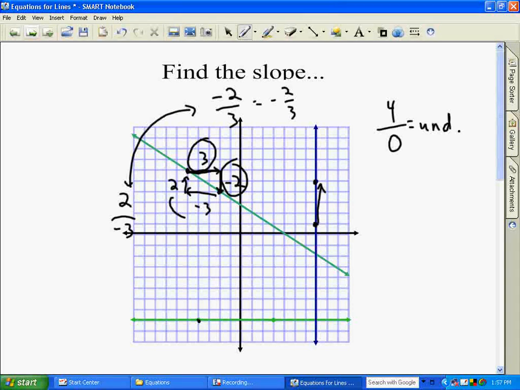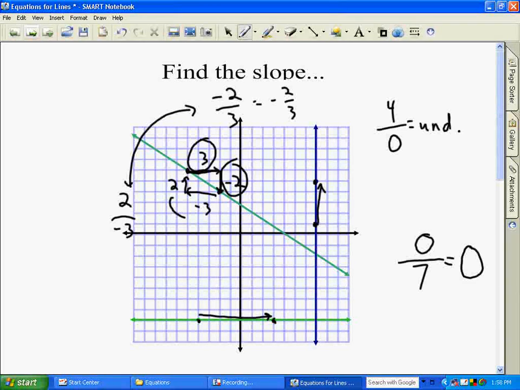Okay, and this bottom one. So here's the 2 points I had on there. You don't really have to use those 2 points, but I will. I'll say we're going from left to right, but you could have gone from right to left. Okay, so that's 1, 2, 3, 4, 5, 6, 7. A run of 7, a rise of how much? 0.